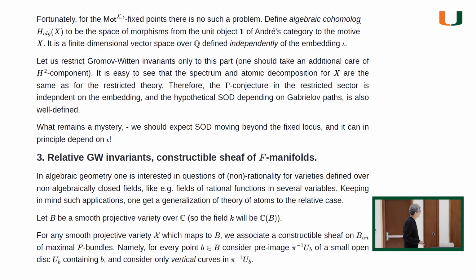The first example could be some number fields, or fields of rational functions on some varieties. Of course, it could be even more complicated, but let's do fields of rational functions on some variety over complex numbers, for example, just to keep the story easy.